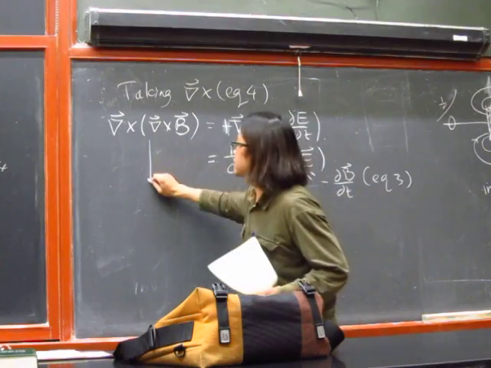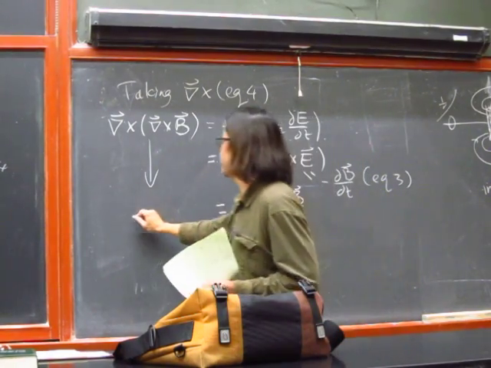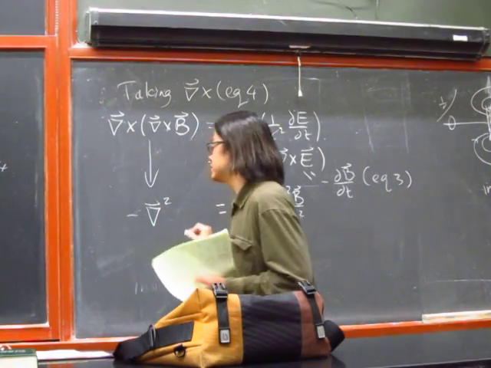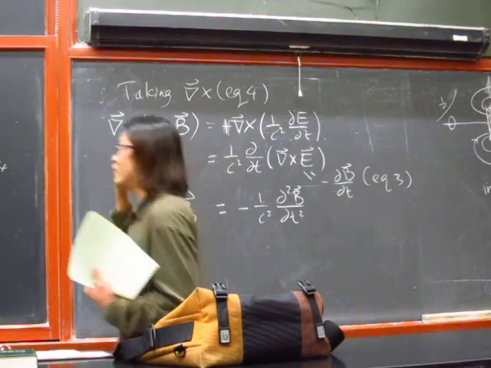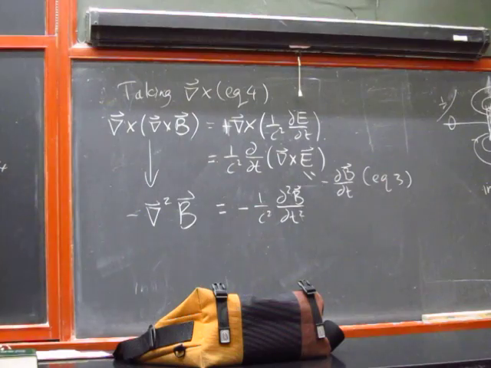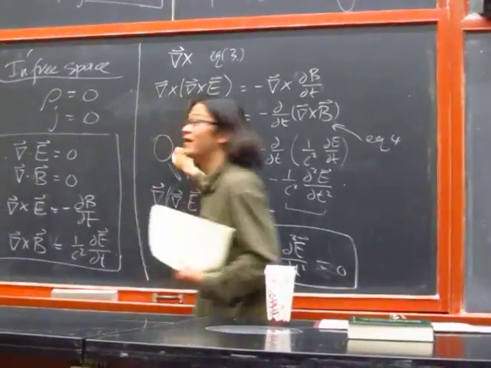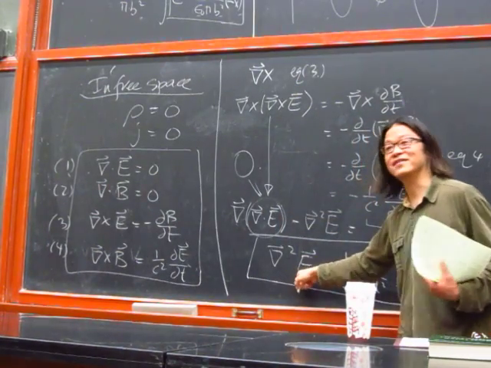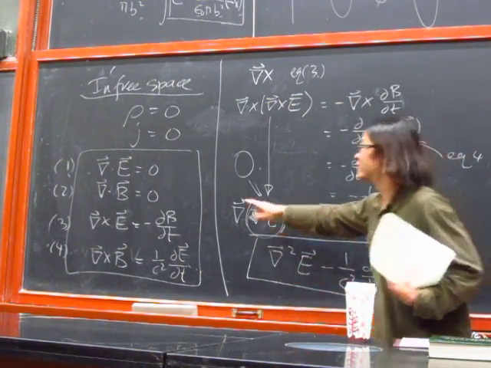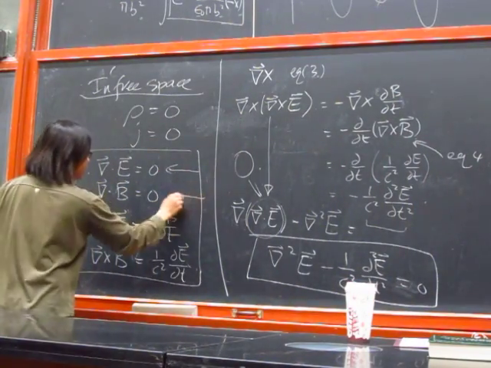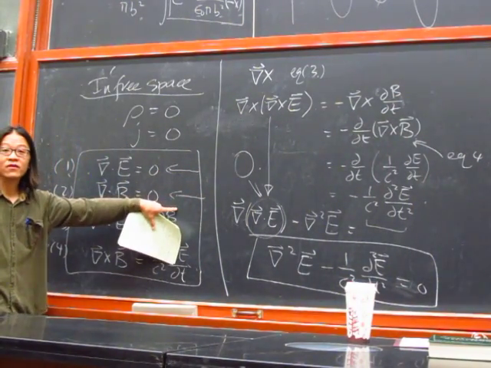Same thing, this vector identity will give you minus the Laplacian of B. Because, I forgot one thing. Did I forget to mention it? The divergence of E is 0. I somehow overlooked that part. That's because of equation 1 and equation 2.